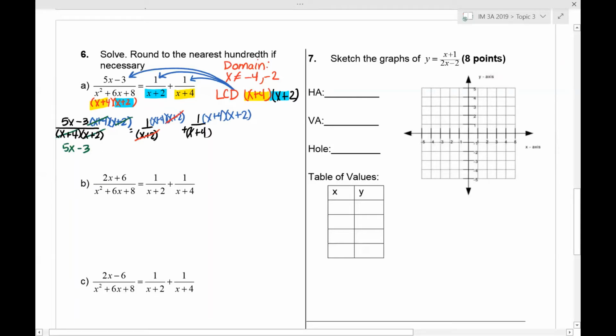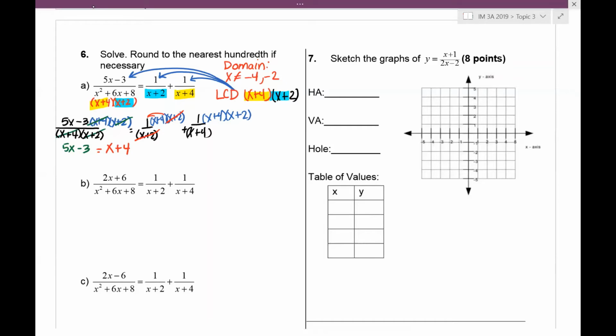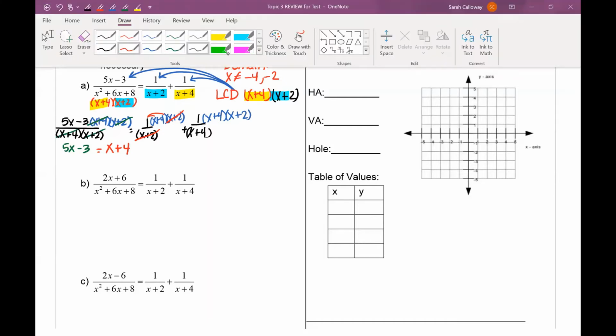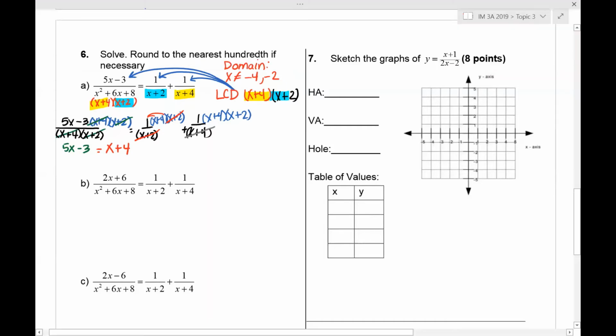So I'm left with 1 times x plus 4, which is just x plus 4. And finally, the last fraction has a denominator of x plus 4, so that's going to reduce with the x plus 4 in our LCD. And so plus I have 1 times x plus 2, so that's going to be plus x plus 2.